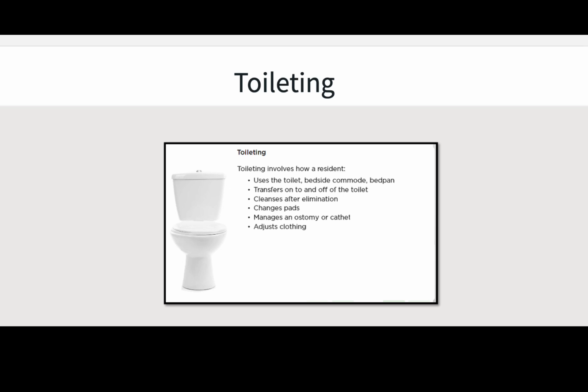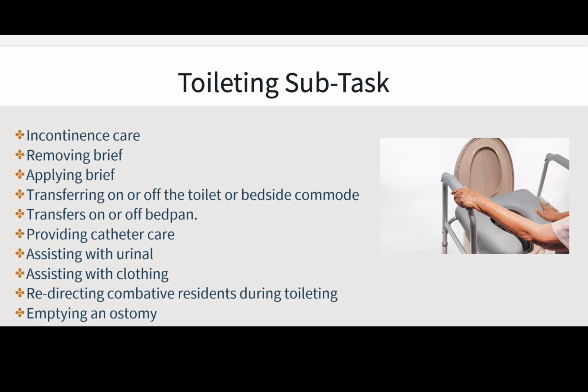And I know a lot of times we just think of, was the resident continent of bowel, were they incontinent of bladder? And then we judge based off that when we have all of these different subtasks that actually go into the coding.